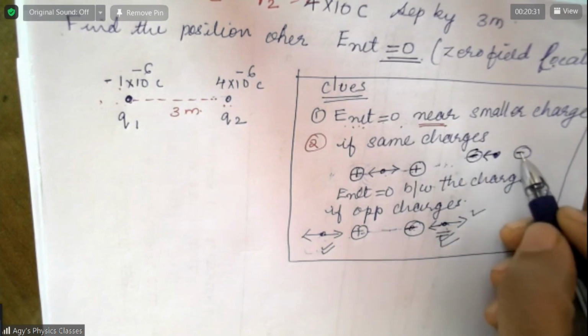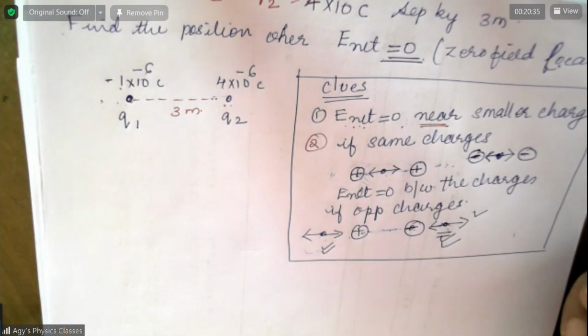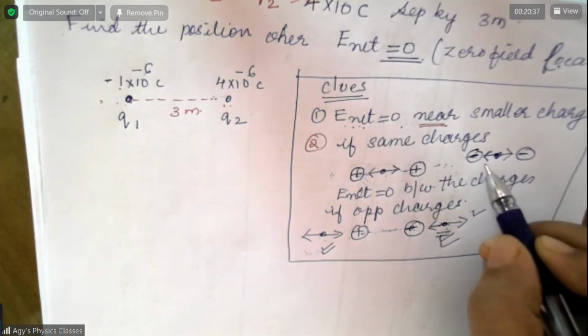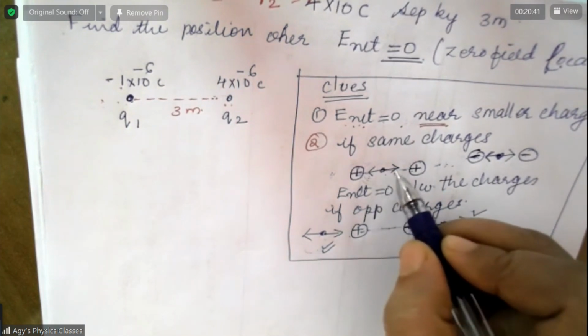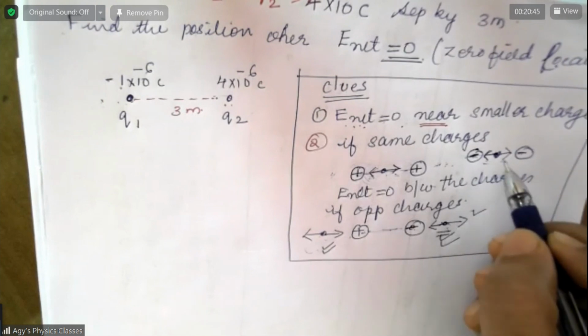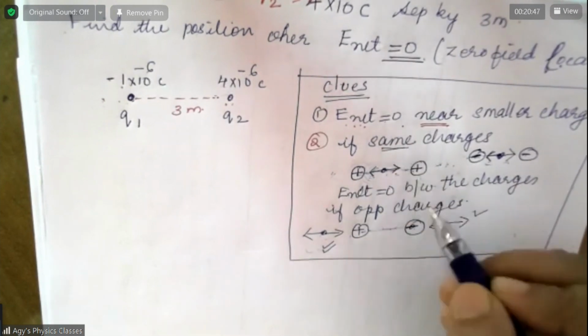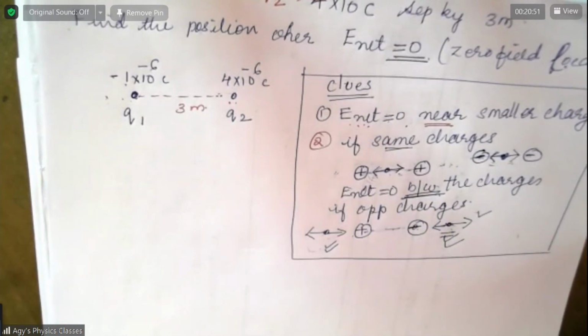This also towards negative, so it will be in this direction. Same as positive, same as positive. They will be in the opposite direction. As I told you, same charges, you have to look in between the charges.